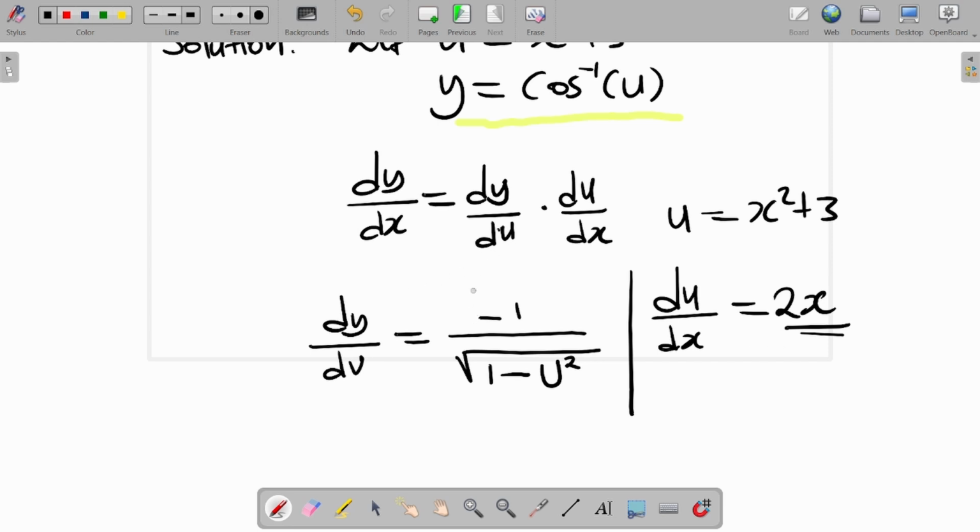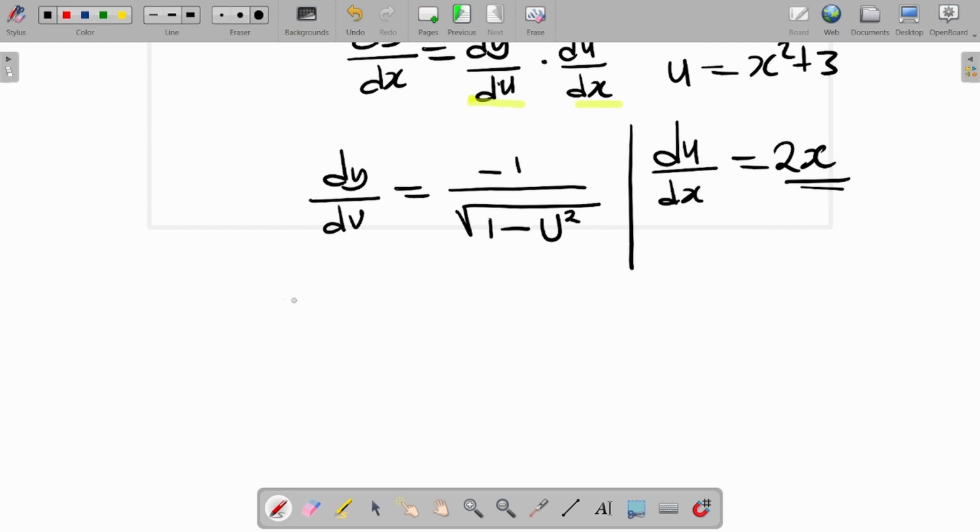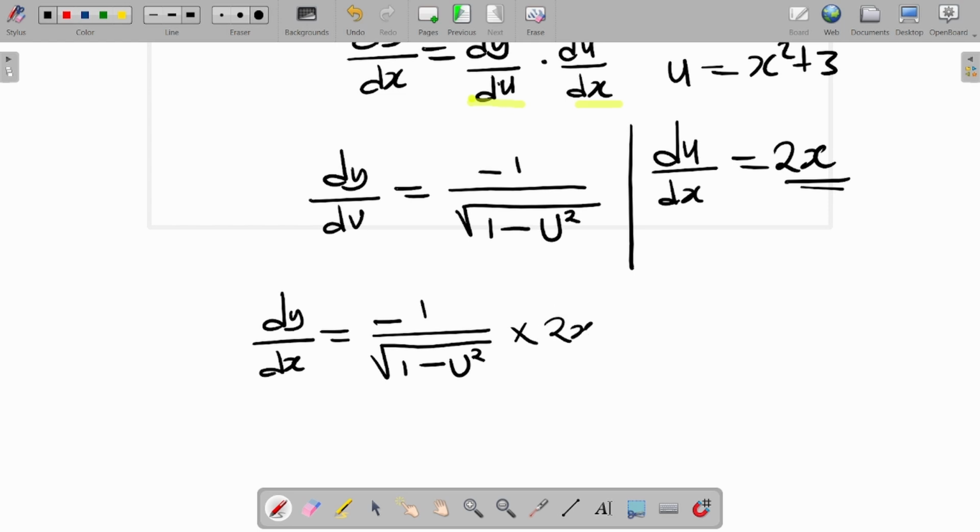So let's substitute the dy/du there and the du/dx there. What are we getting? Our overall dy/dx will be dy/du, which is negative 1 over the square root of 1 minus u squared, times du/dx, which is 2x.